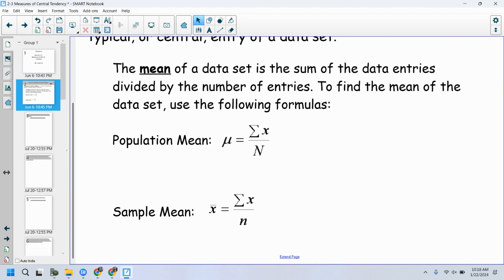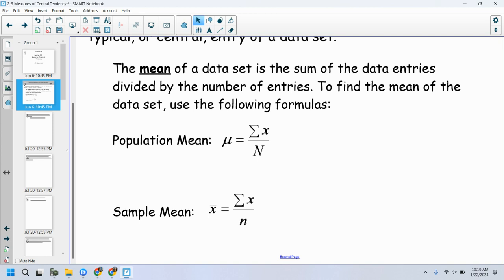So when I talk about a sample of a population, I am changing my notation from mu to X bar. That's how we say that symbol, X bar. Whenever you put that line over top of X, it's called X bar, or the sample mean.